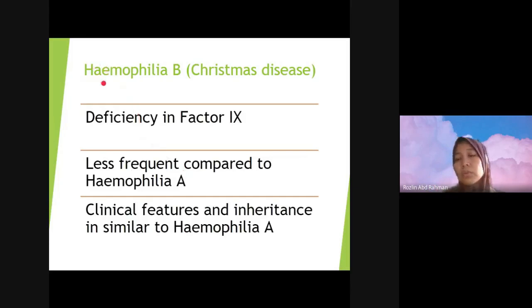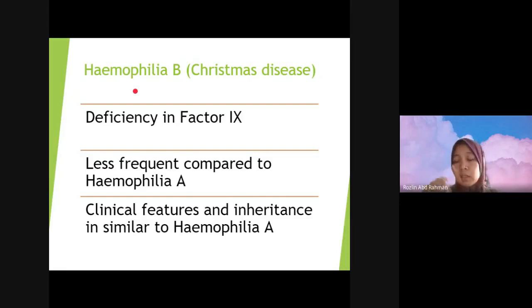Last time, hemophilia B was once called the royal disease, penyakit diraja, because Queen Victoria of England, she was a carrier and passed the factor 9 mutation through several royal families in Europe.